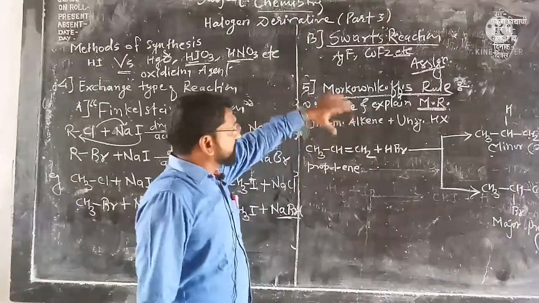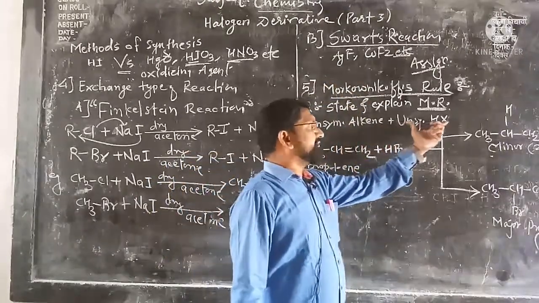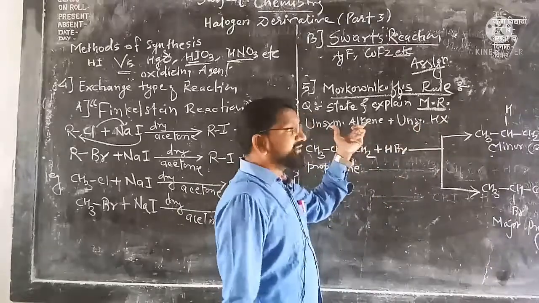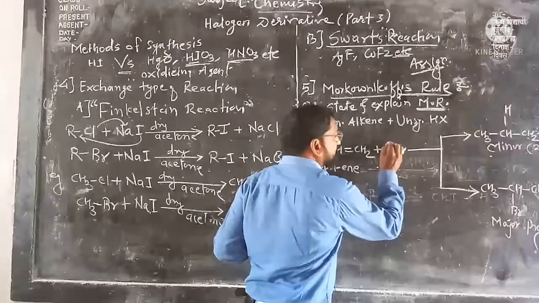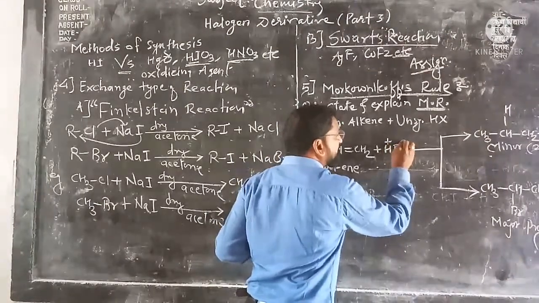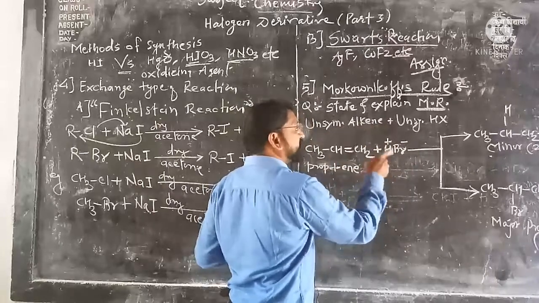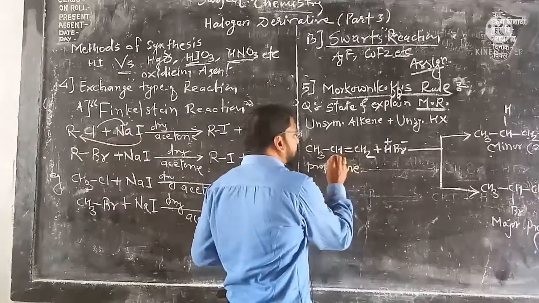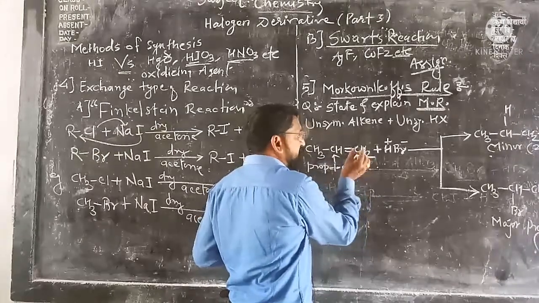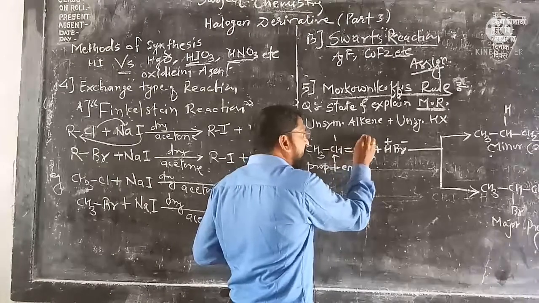Okay, now see here what happened. According to Markovnikov's rule, during the addition of unsymmetrical reagent to the unsymmetrical alkene, the negative part of the adendum goes to that carbon atom which carries less number of hydrogen atoms. Negative part means what? Everybody knows hydrogen is positive, Br is negative. Out of these two carbon atoms which are doubly bonded, here one hydrogen is there, here there are two hydrogens.